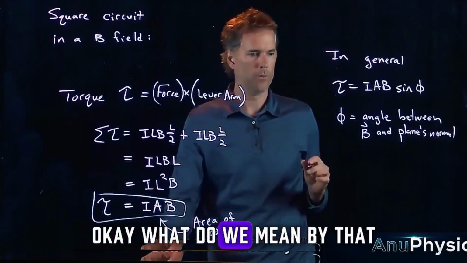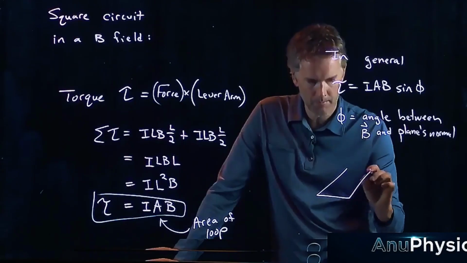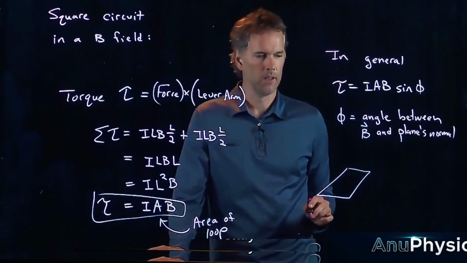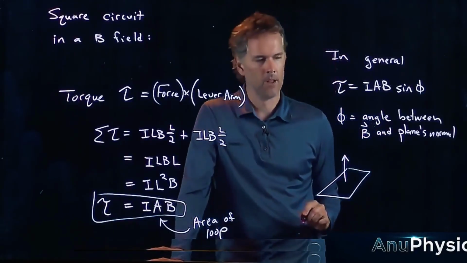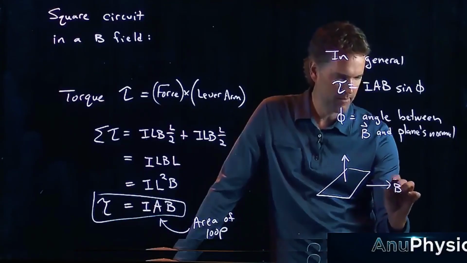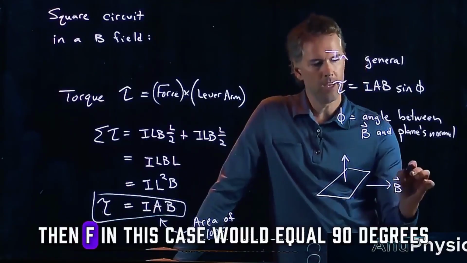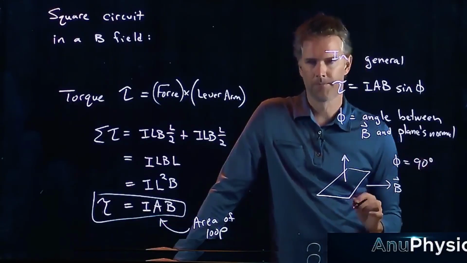Okay, what do we mean by that? Let's say I draw a square loop. Okay, the normal would be that. So if the B field is to the right, then phi in this case would equal 90 degrees.